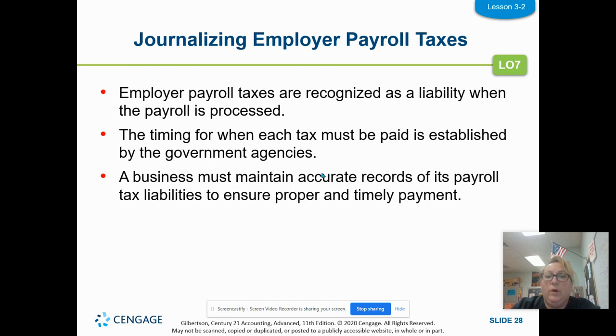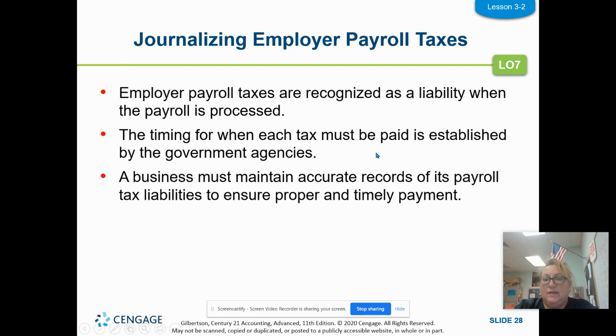So the employer has to pay, like I said, they have to match your Social Security and Medicare, and they have to pay that unemployment tax in case something happens and you have to go out on unemployment. They have to let you go for a little while.